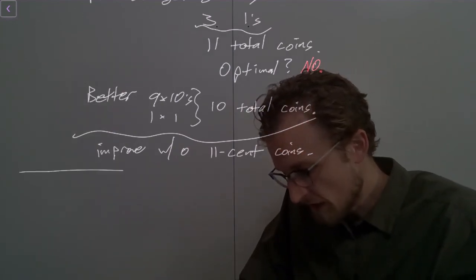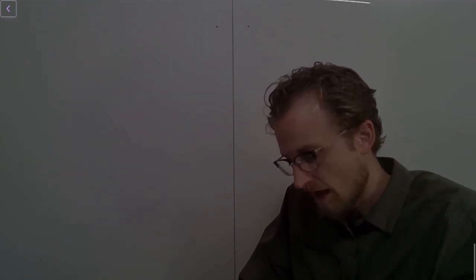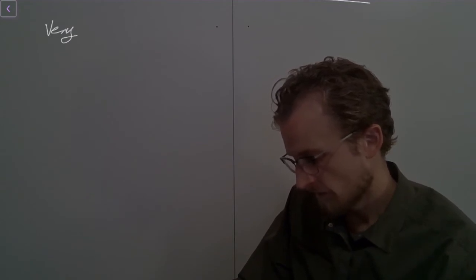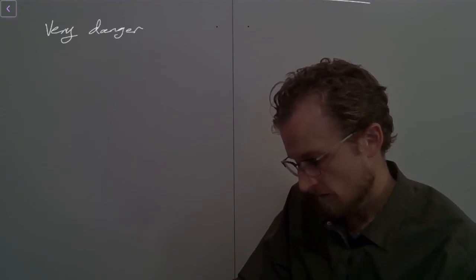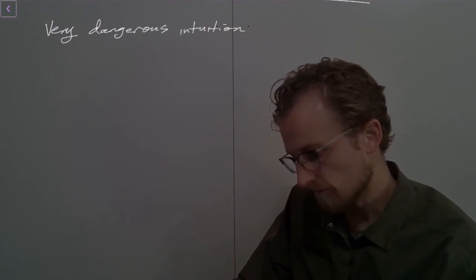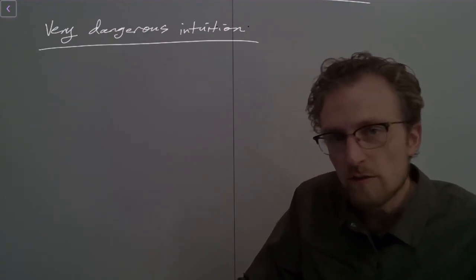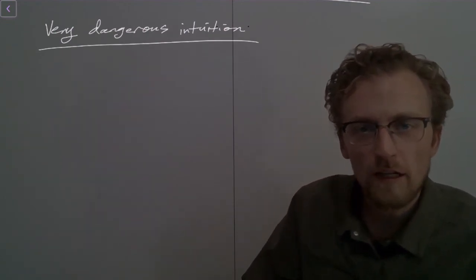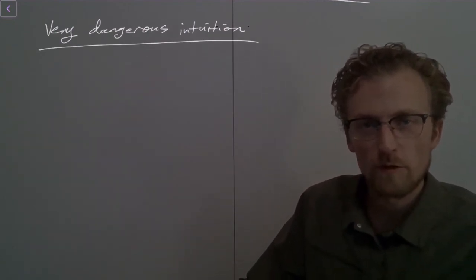But what this does is betrays a very dangerous intuition. So our very dangerous intuition is very subtle, but it can lead us down the wrong path if we're in the wrong context.